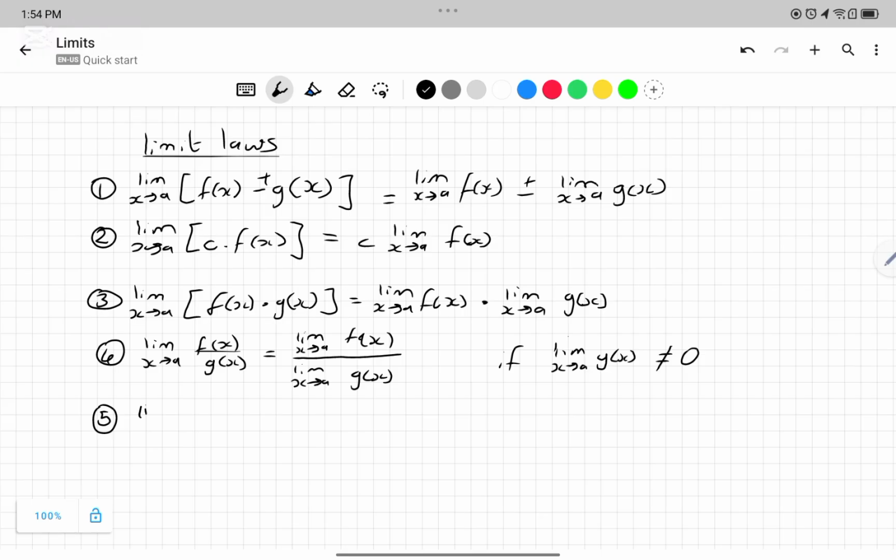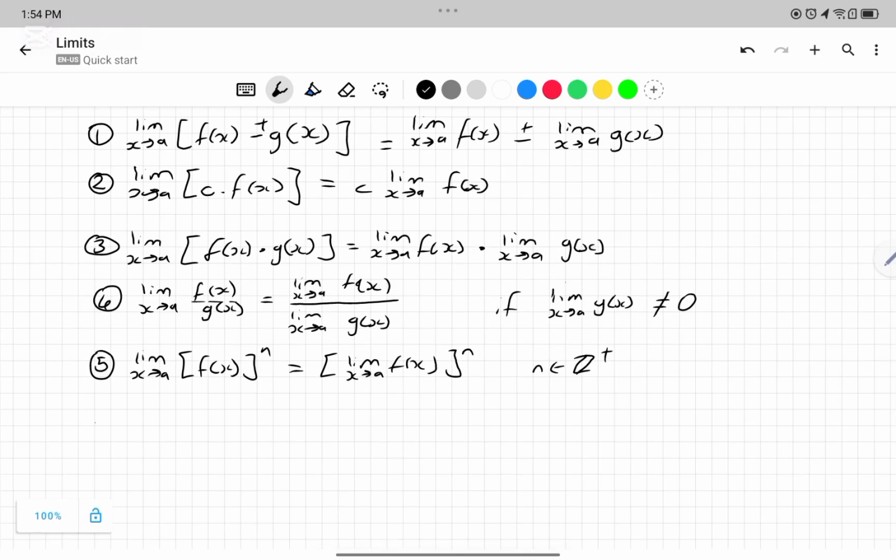Limit of f of x to the exponent of n as x approaches a is equal to limit of f of x as x approaches a, all to the exponent of n, where n is an element of positive integers.